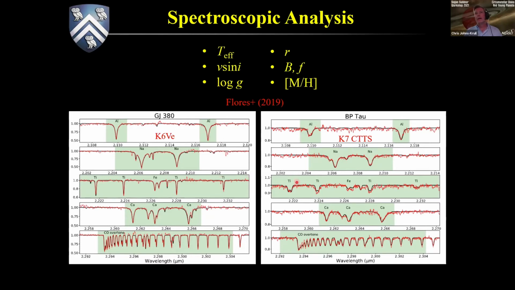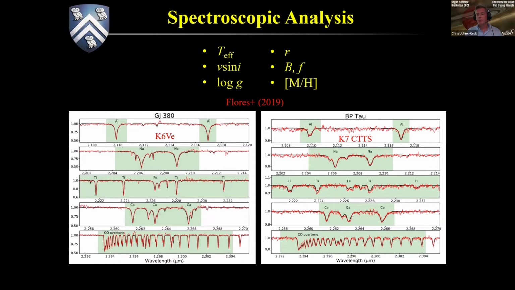The width of these titanium lines, compared in particular to the CO lines, can tell you about the magnetic field. And then the overall strength of the lines can tell you something about the temperature, the veiling, and other things. So these are the things that we would like to be able to do as a detailed spectroscopic analysis, and fit some of these observations to determine the stellar parameters.